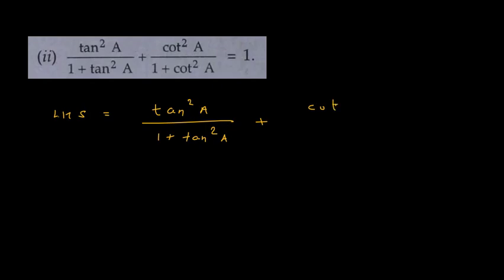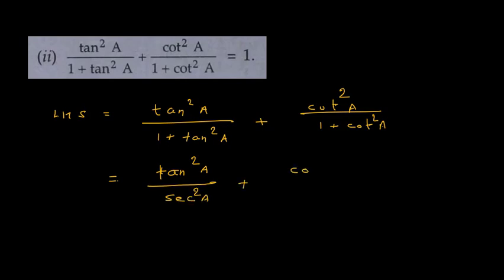Is there any identity, or you think that you have to convert in sin and cos? If you are not getting any identity, then you can convert in sin and cos, but I think you got the identity. 1 plus tan square A can be written as sec square A, and here 1 plus cot square A can be written as cosec square A.